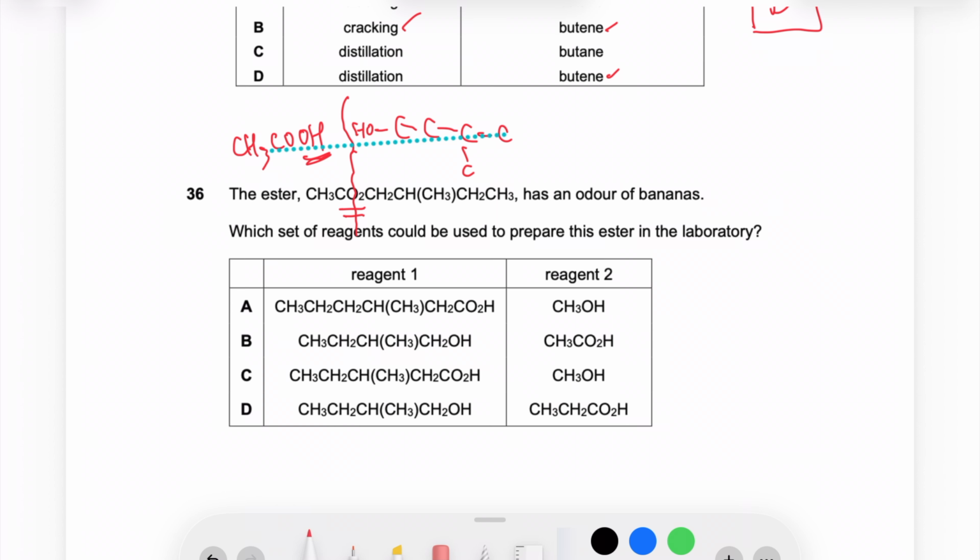Okay, and this is your pentanol, because there's 5 carbon, and this is your ethanoic acid. So if you see carefully, this is ethanoic acid, and I need 1, 2, 3, 4, 5 carbon, and it's alcohol. Yeah, so B is the answer.